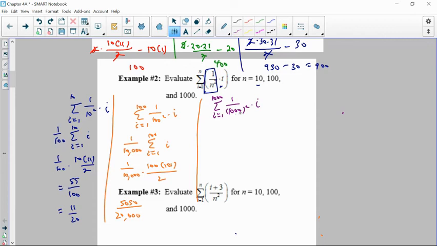And again, pulling that out, that would be 1 over, oh my goodness, a million. The sum from i equals 1 to 1,000 of i. So you get 1 over 1 million times 1,000 times 1,001 over 2. And whatever that answer is, you could simplify that.